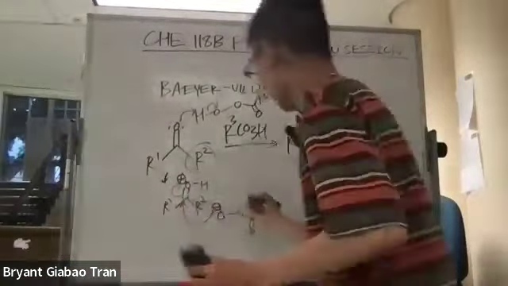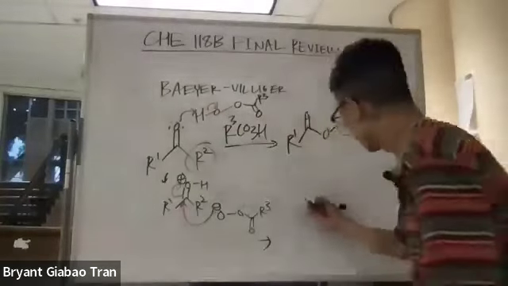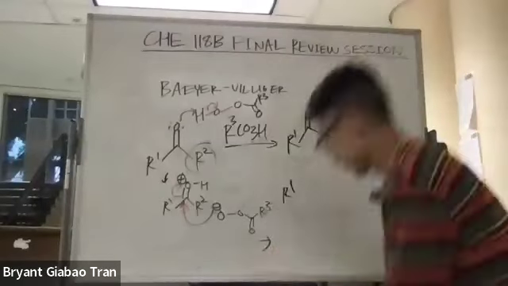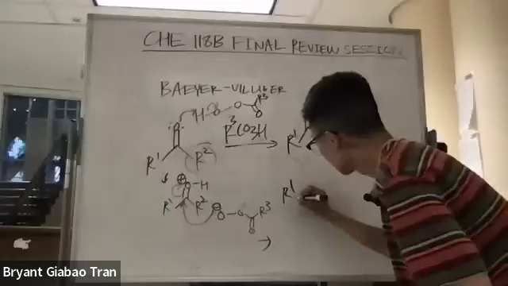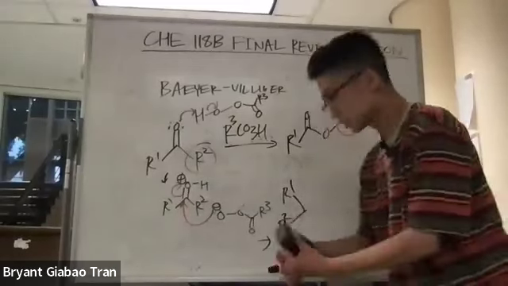Now, once we do this, okay, so I'm going to redraw this product into this form right here, where I'm going to draw the R1 like that. This is that carbonyl carbon that got attacked. This is the R2 right here.